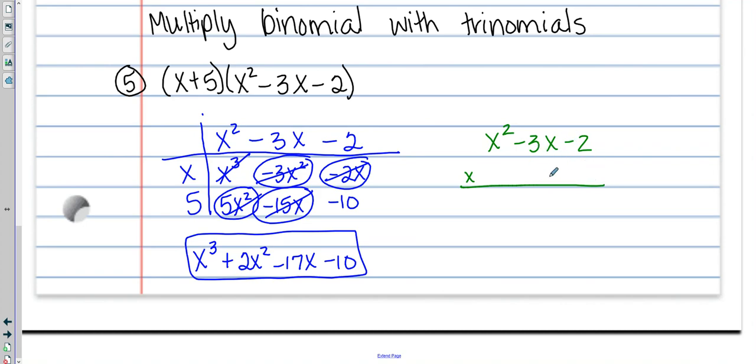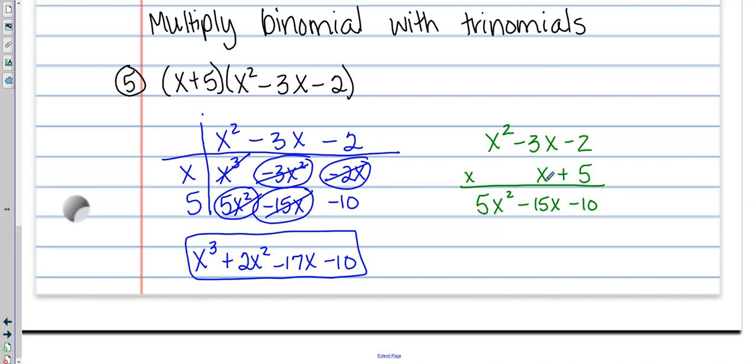And I'm going to line it up. So I have x plus 5. And I'm going to start with the 5. So 5 times negative 2 is negative 10. Then I'm going to do 5 times negative 3x, which gives me negative 15x. And then 5 times x squared is 5x squared.